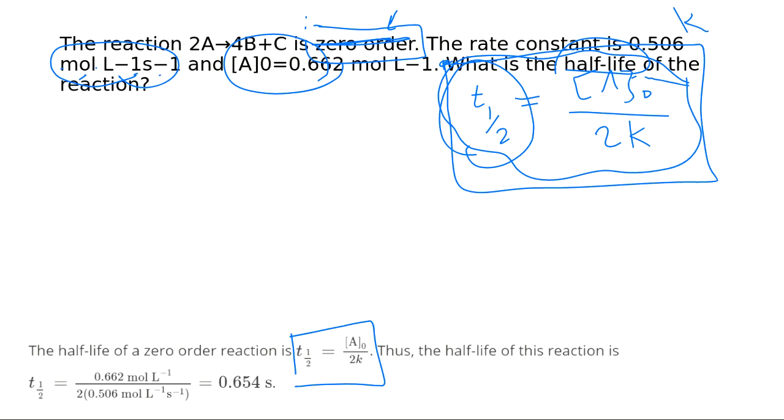But most of the problems that I saw in Newton are more gentle and give you the order. Plus, the PowerPoint that I had didn't give you the order. It just gave you the unit for K and expected you to find out the order based on the unit for K, which is a good thing to know.